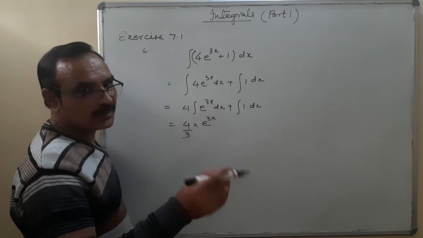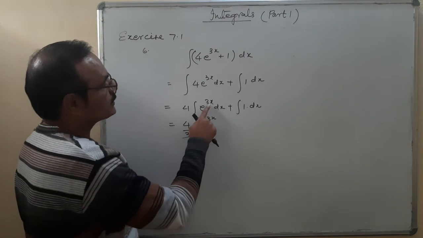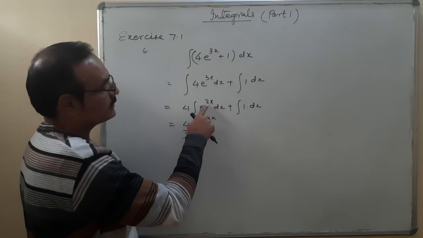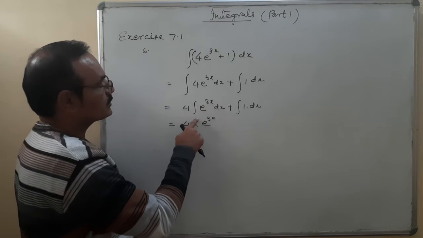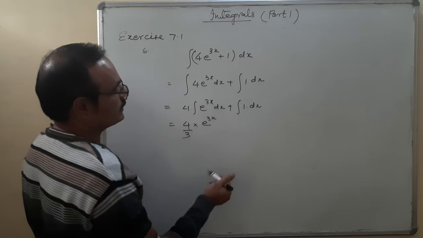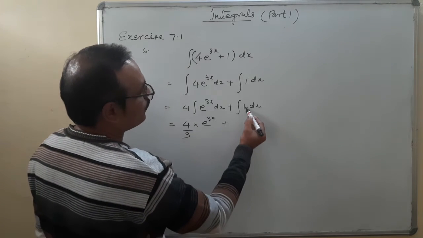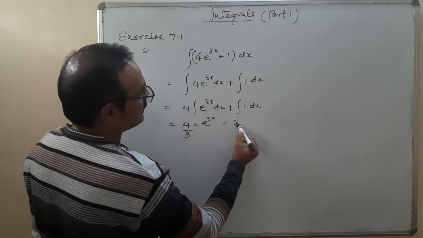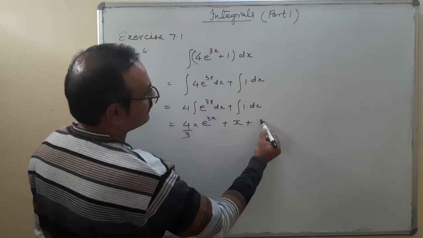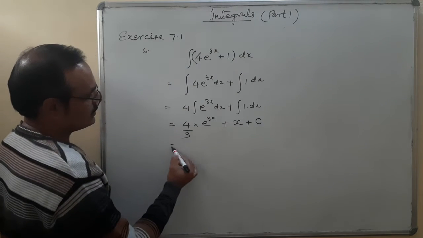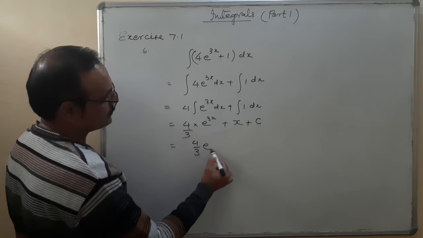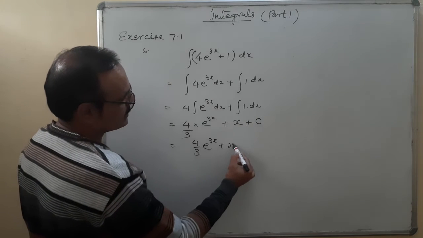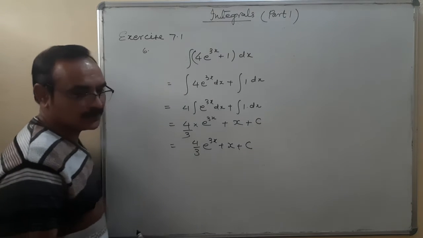After that, the substitution method will be told later on. But you first check it: differentiation of 3x is 3. So for balancing 3, we have tried here 1 upon 3, plus 1. Integration of 1 is x plus constant. So the result is 4 upon 3 e to the power 3x plus x plus c. Okay.